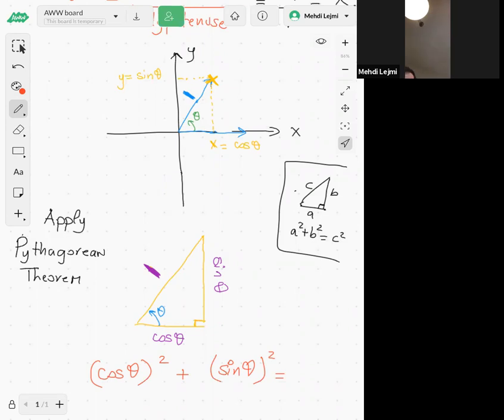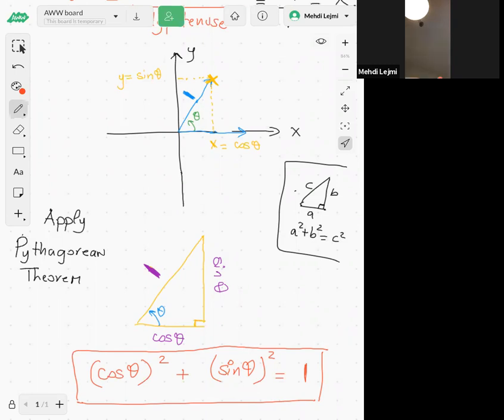So that's 1 squared, which is 1, right? So this is the most important trig identity: cosine squared plus sine squared is always equal to 1. Of course, cosine and sine of the same angle, right? Cosine of theta squared plus sine of theta squared is equal to 1, for any angle theta. It doesn't matter which angle.